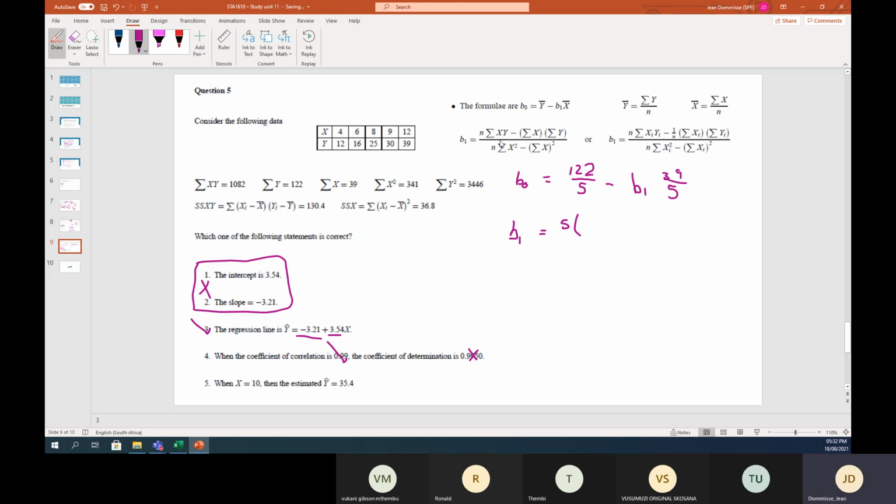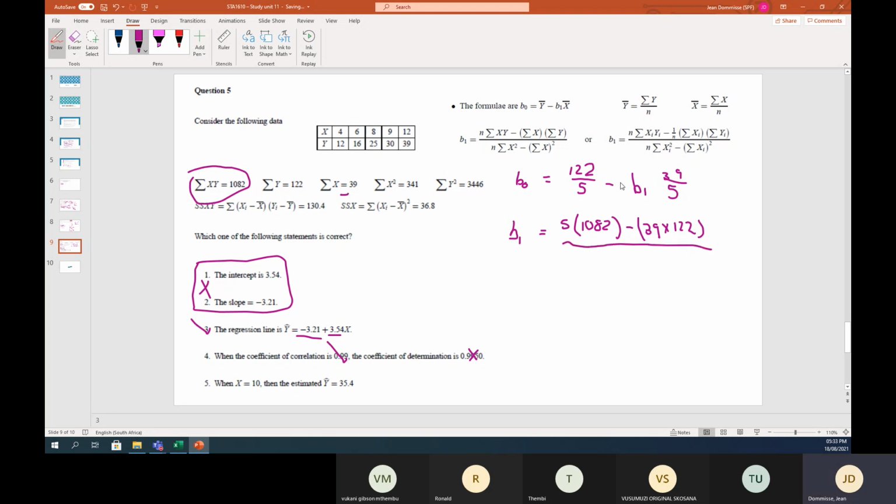The sum of x and y, do we have that? We've got that, 1082, minus the sum of x times the sum of y. So again, I think in the exam, this will also take you a lot of time.